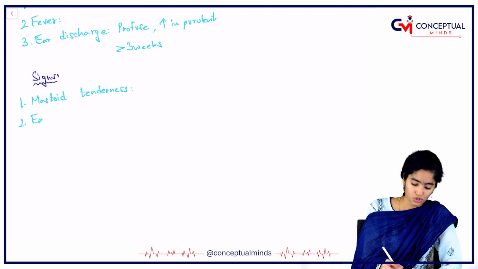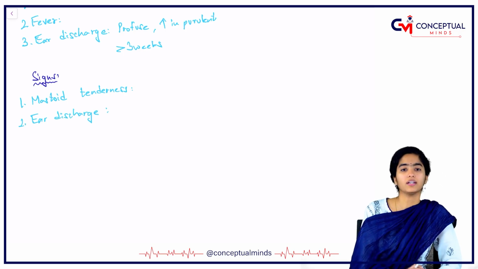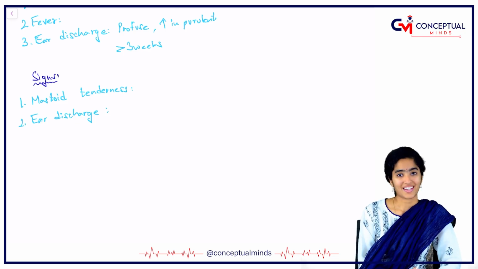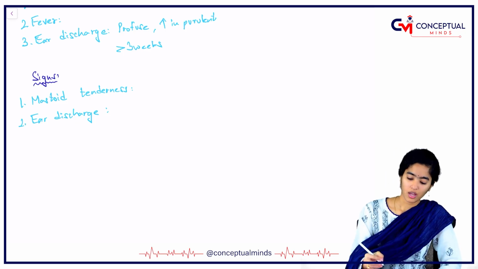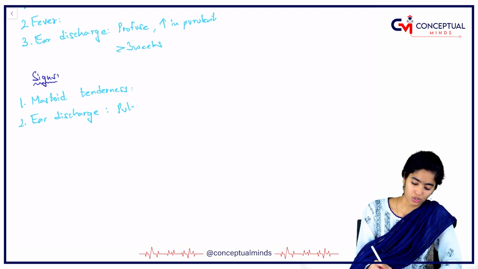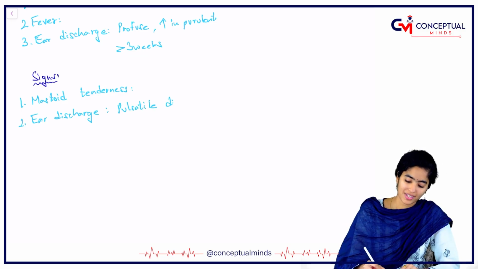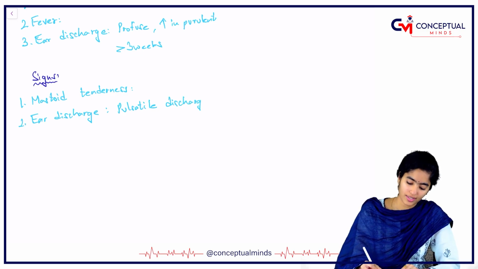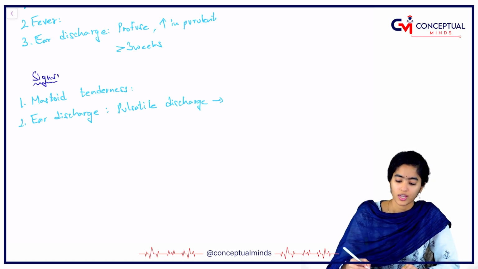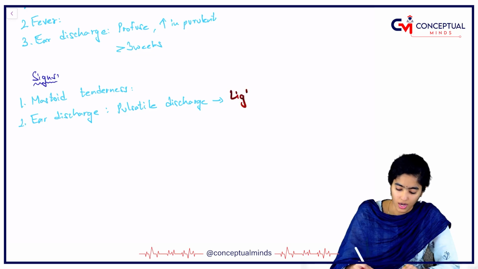Then ear discharge, you will observe. How is the ear discharge? Profuse and purulent. Plus there is a very important sign here, pulsatile discharge. There is pulsatile ear discharge, and this pulsatile ear discharge is called the lighthouse sign.